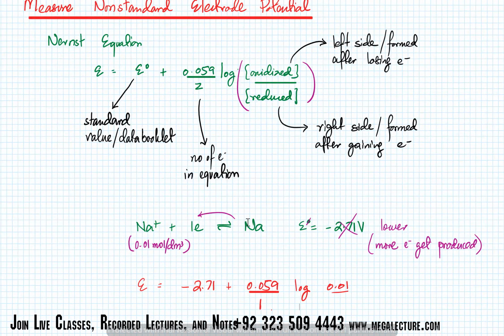Then the reduced species, the one on the right side. It's a solid, and the concentration for a solid is always taken as 1. Remember that, this was the same in Kc and Kp. Solids, their concentration remains constant. It's always taken as a constant.